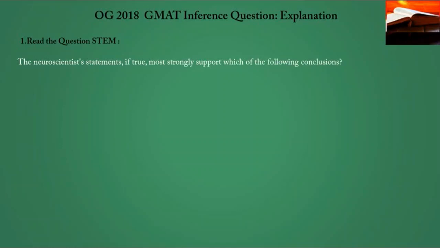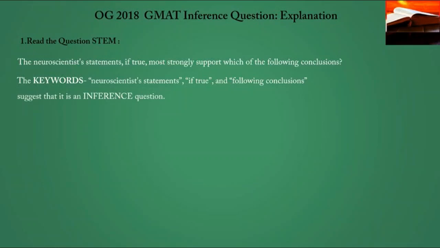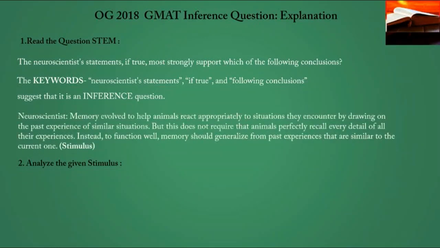I analyze the stimulus. If you have noted the given statements of the stimulus, then please observe some keywords that I read now. The keywords: by drawing on the past experience in the first statement, and memory should generalize from past experiences in the last statement show a connection between the two facts.